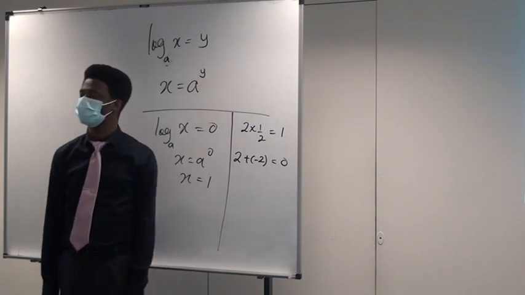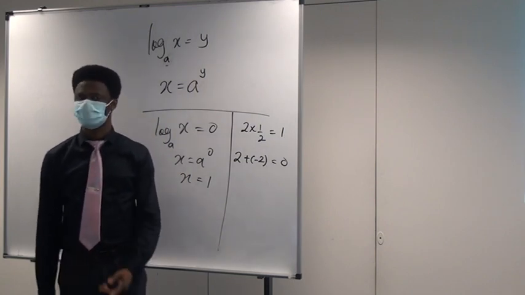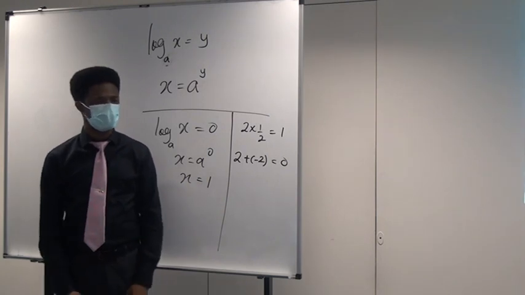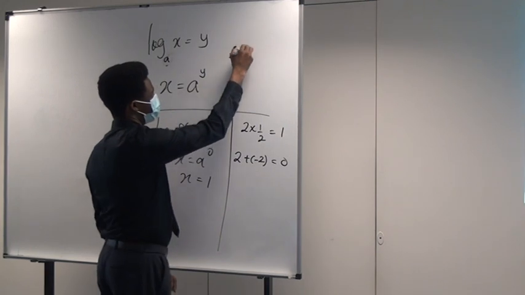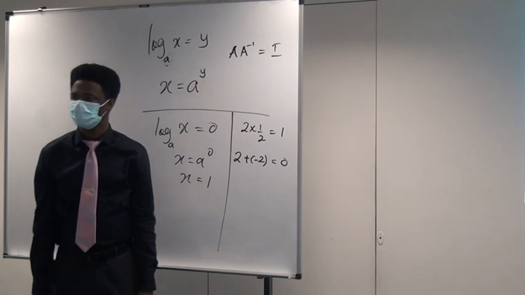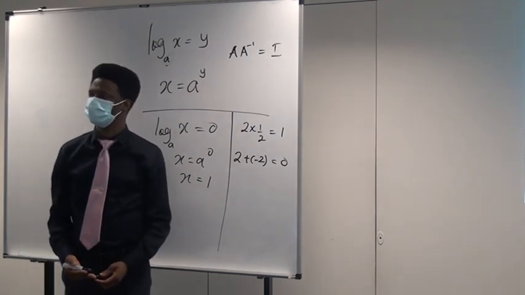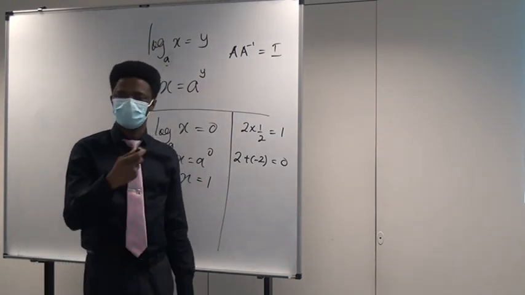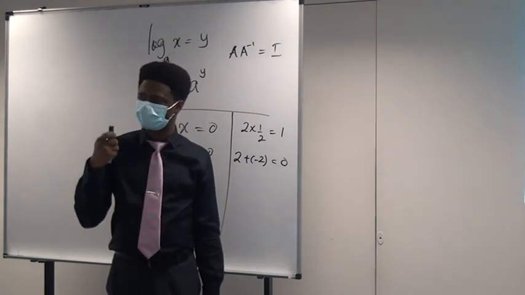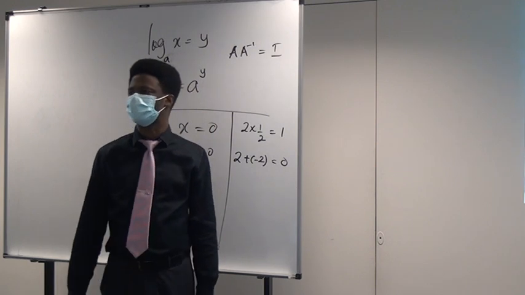It's a general rule. Did your set do matrices in Form 3? I must have mentioned A inverse A gives I. What do we call this I? Identity matrix. So an element operated with the inverse under a binary operation gives the identity element.